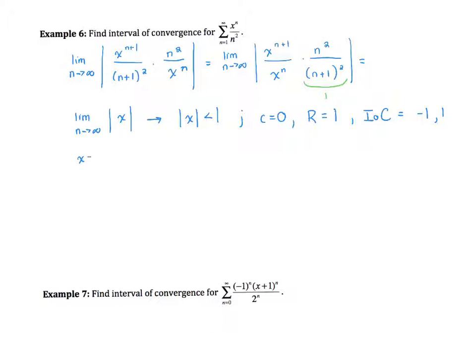Let's test x equal to -1, and that is going to generate -1 to the n over n squared. This I would say converges absolutely. By absolutely, I mean absolute convergence, because the all positive version converges.